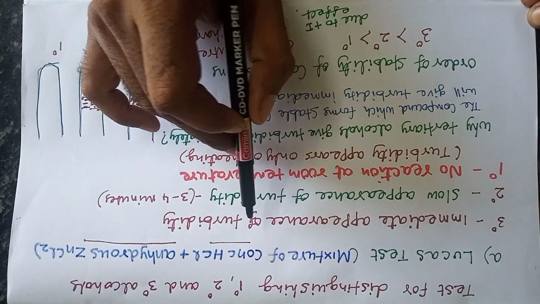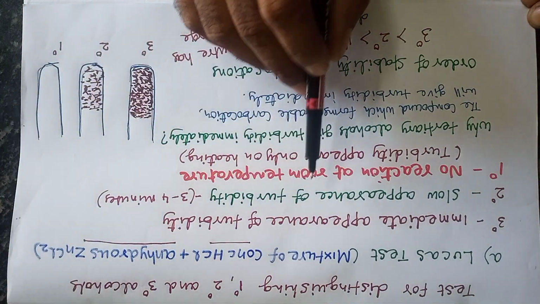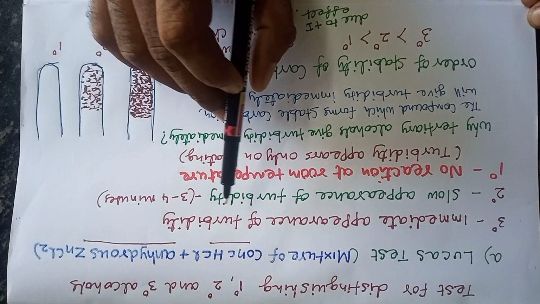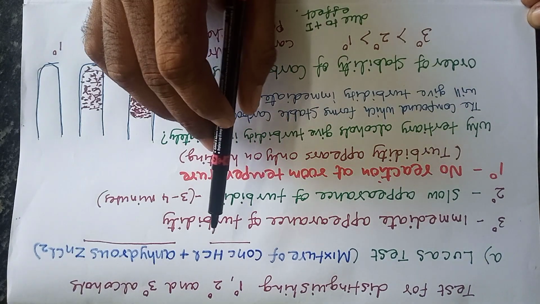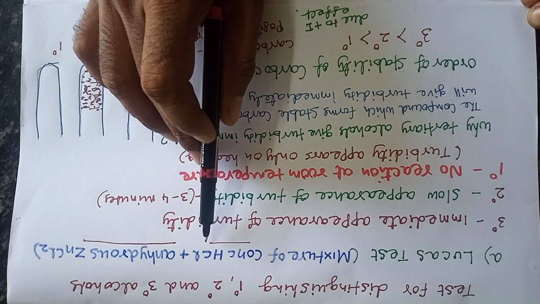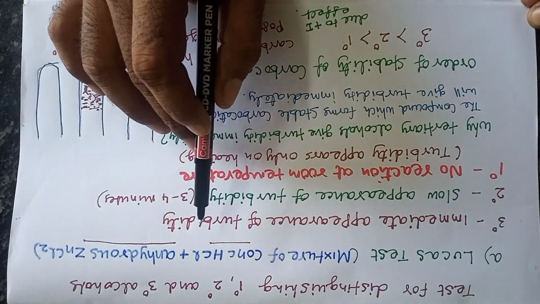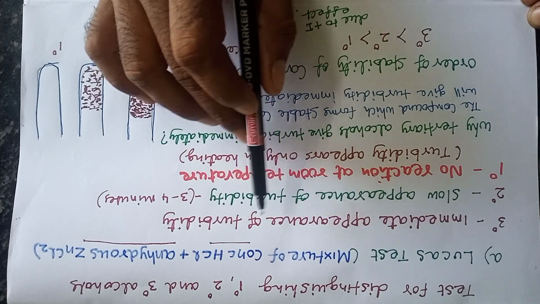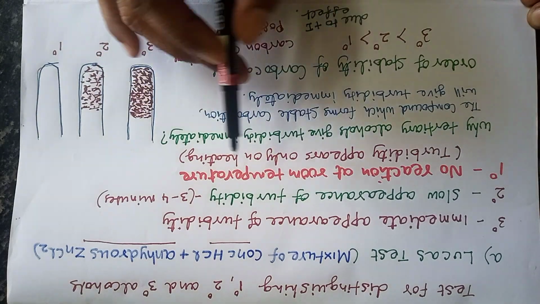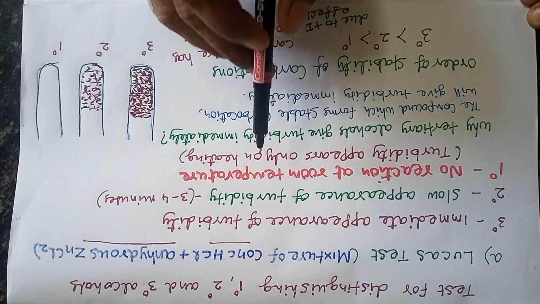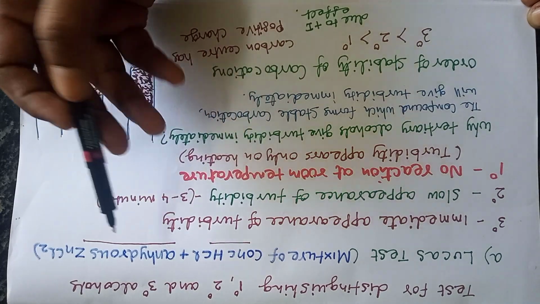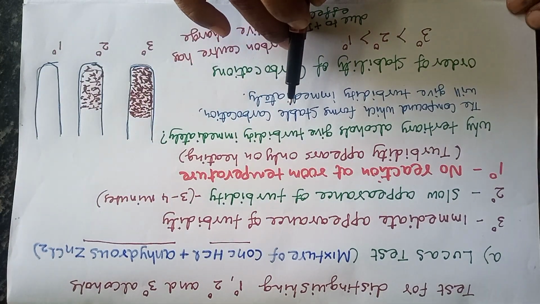Anhydrous means without water molecules. In a one mark question they will ask which one of the following is the Lucas reagent. The mixture of concentrated hydrochloric acid and anhydrous zinc chloride is the Lucas reagent. Using this reagent we can identify whether the given alcohol is primary, secondary or tertiary.